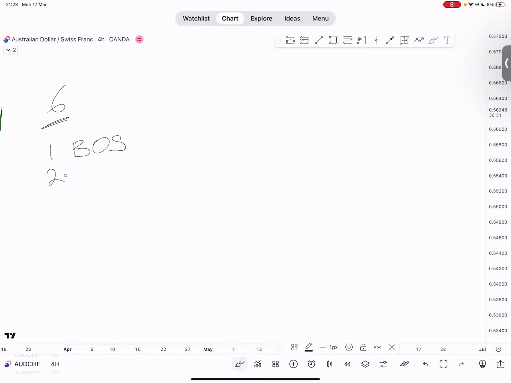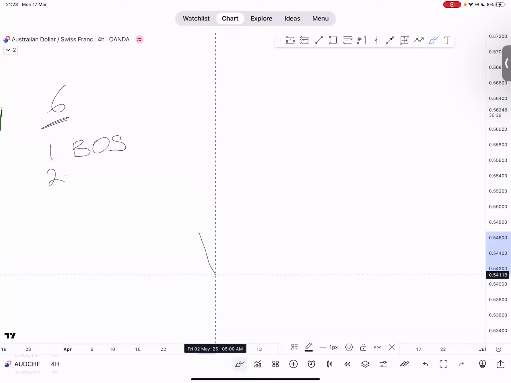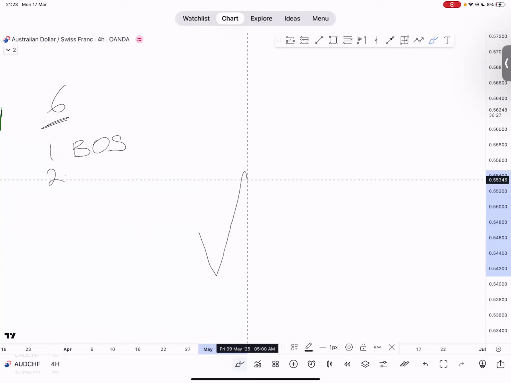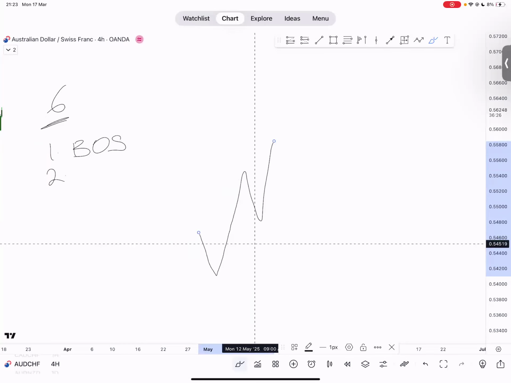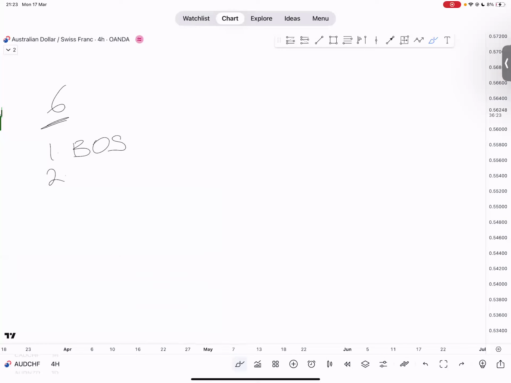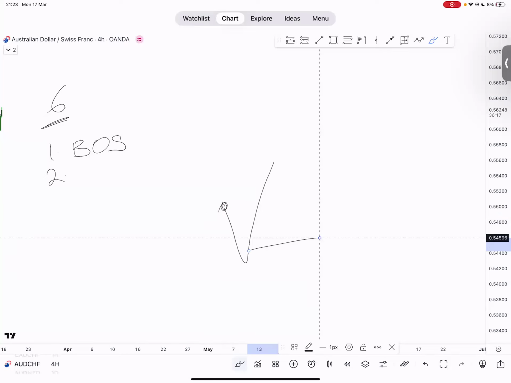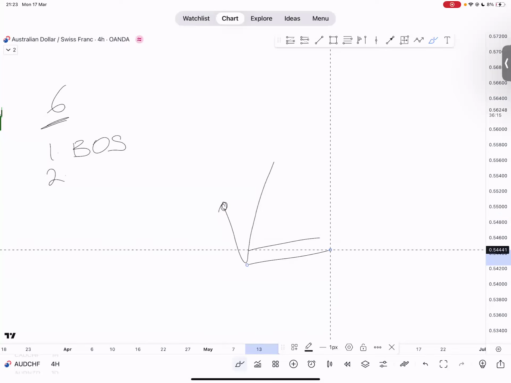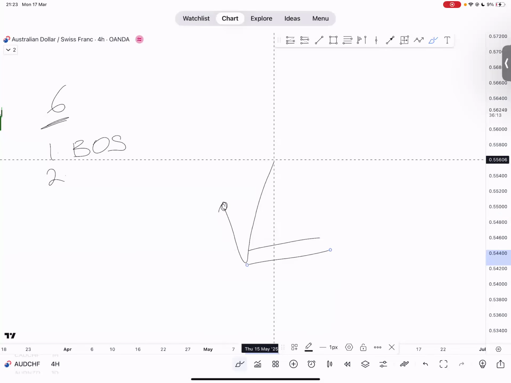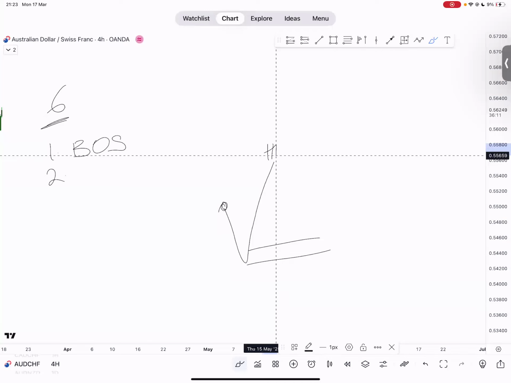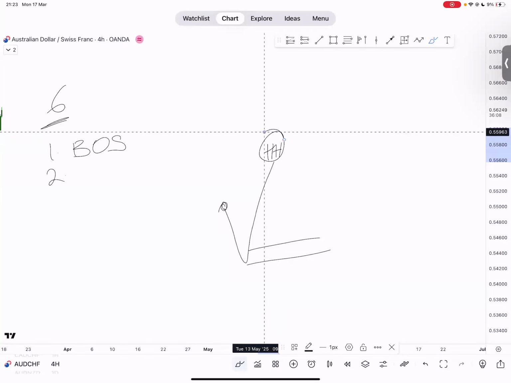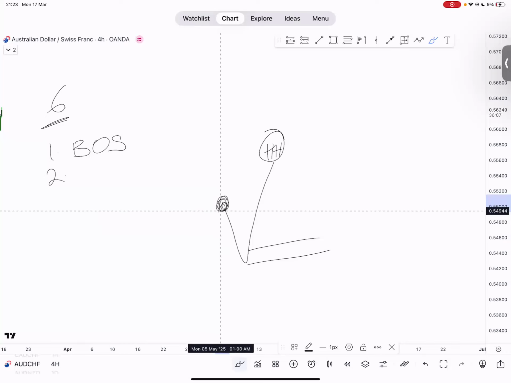Now, what I meant by that is, let's say you're considering a level that you would like to buy from in the name of a demand zone, right? It means that the demand zone at that level would have sponsored price to put in a higher high, meaning that the new high must go above the previous high, right?